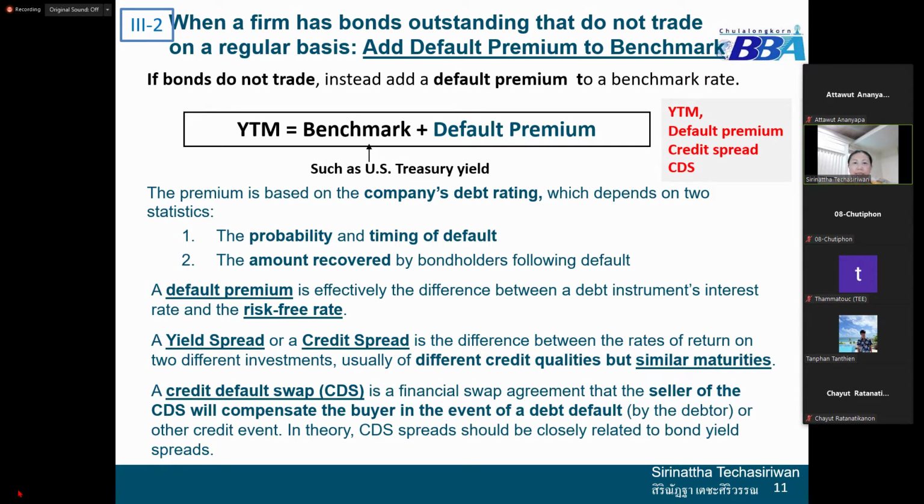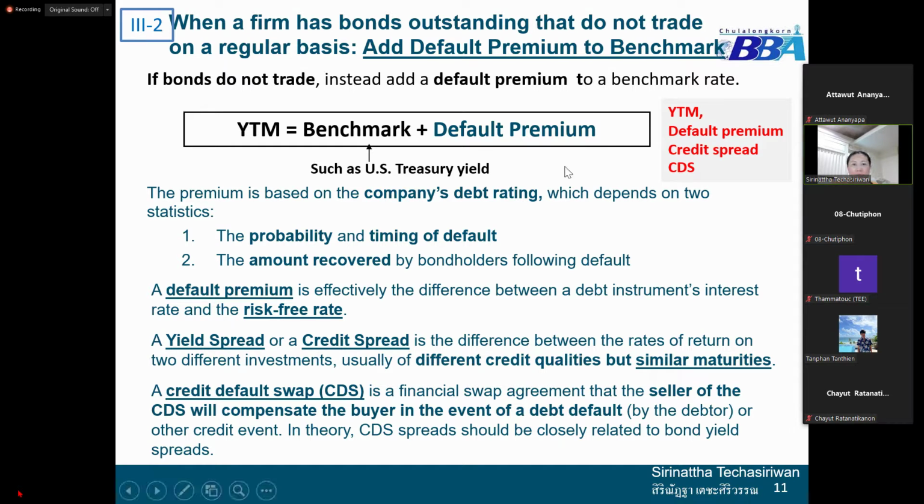So if that debenture is issued by a company but is not actively traded in the secondary market, but it has a credit rating, you can estimate the cost of debt for the company by looking at the yield to maturity of other companies with the same credit rating.